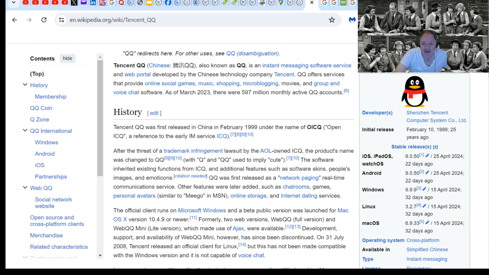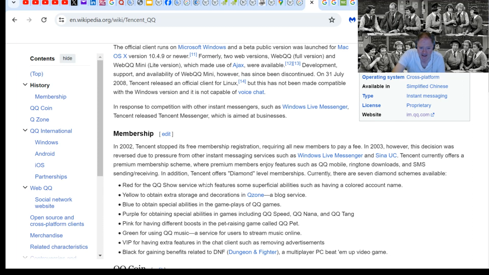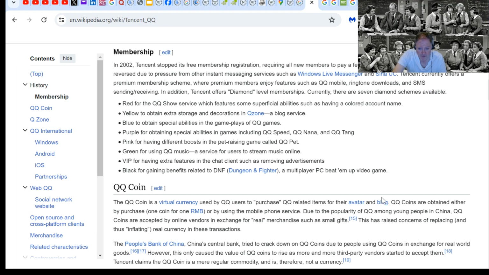Now this is a product of Tencent. This is where Tencent, which is best known for video games, but also is one of those companies that's got their hands into everything. Let's look a little bit at the background of Tencent. Well, interestingly enough, Tencent was an early grifter in virtual currency used in video games.